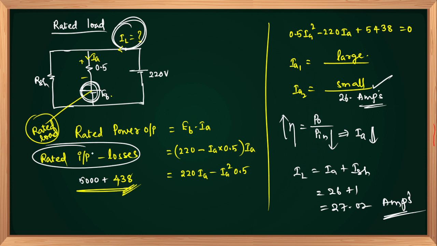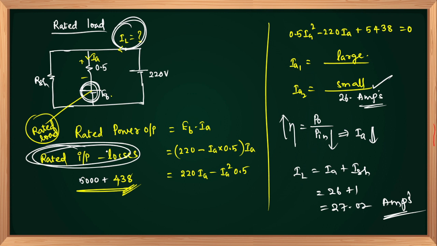So please be careful. Unless you see how they have taken the given power rating, you can't judge. They have taken the power rating as the output power rating. If it is taken as input power rating, 5000 minus all the losses, it is not matching the answer.